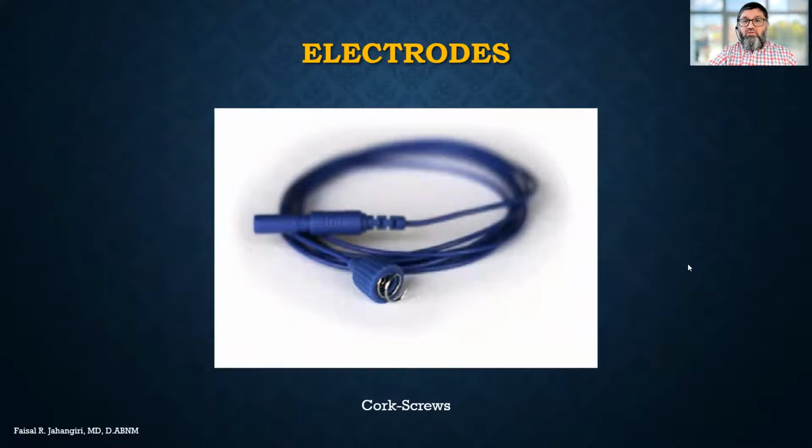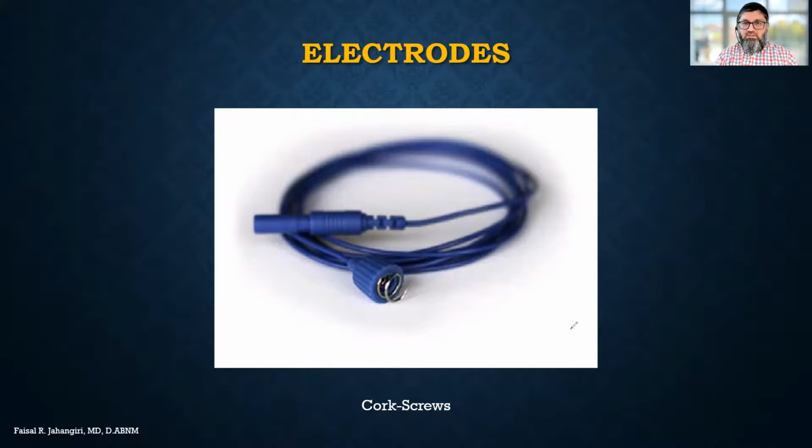Another electrode we use is the corkscrew. If you look at the picture, it looks like a screw. It is screwed into the scalp, and it is normally used for motor evoked potential because it has a bigger surface area.